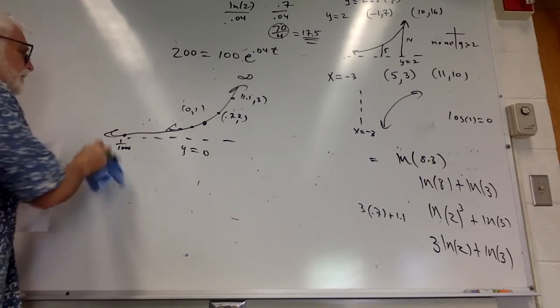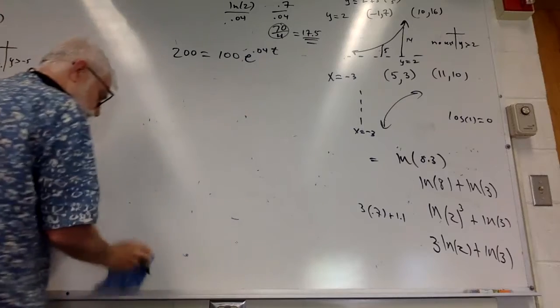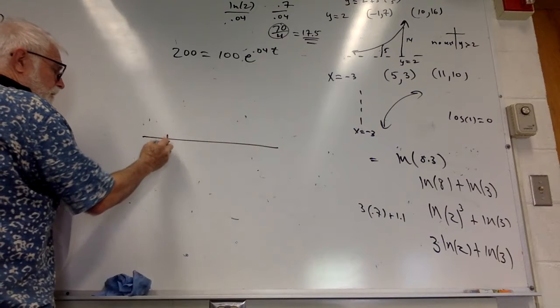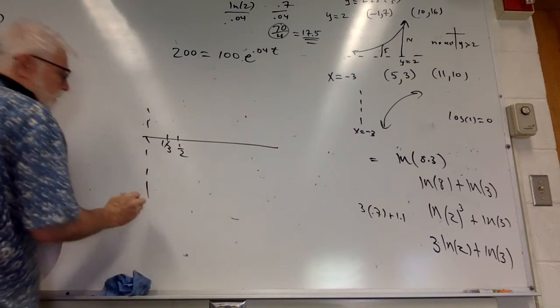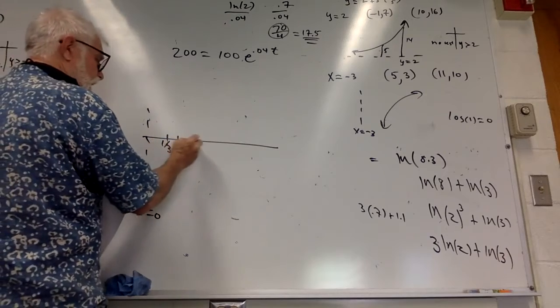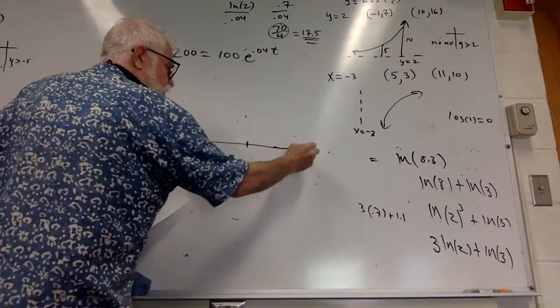All right, so that's e to the x. ln of x is the inverse of these table values. The inverse of these table values are the 1/3, the 1/2. So let's start from here. Yeah, I guess that'll work. X equals 0. So if that's a half, then that's 1. If that's 1, that's 2. If that's 2, that's 3.